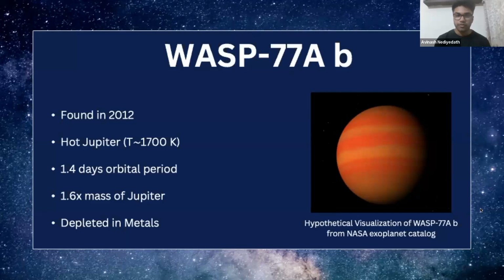It has a 1.4 day orbital period, 1.6 times the mass of Jupiter, and so on, all the things which you can read there. The main reason why this planet is so interesting is that it has been found to be depleted in metals when compared to solar, based on high resolution spectroscopy in both ground-based and space-based observations. Next slide.